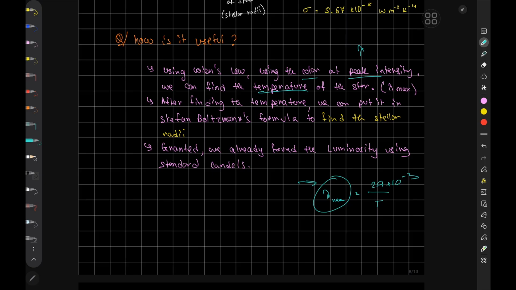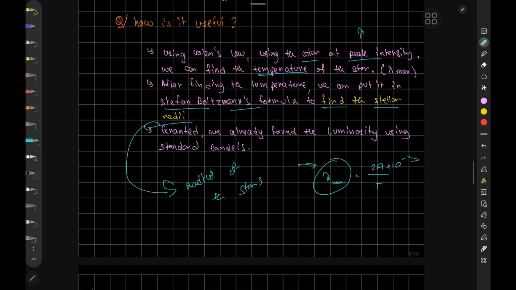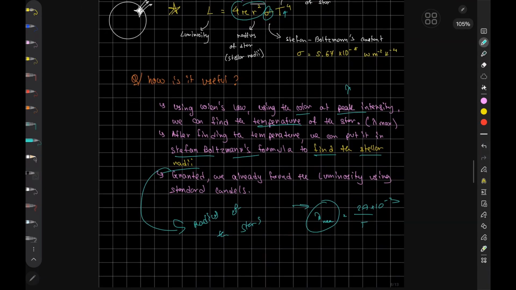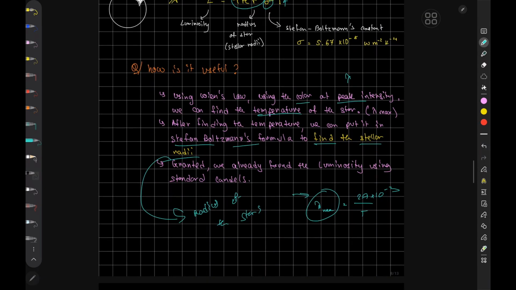and you make temperature the subject, and you find the surface temperature of the stellar object. Now after finding the temperature, we can put it into the Stefan-Boltzmann formula to find the stellar radii. So we can now find out the radius of the star. This is how we know so much information about distant stellar objects. It's just this simple. Sure, there are way more nuances to it in real life, but these are the fundamentals.